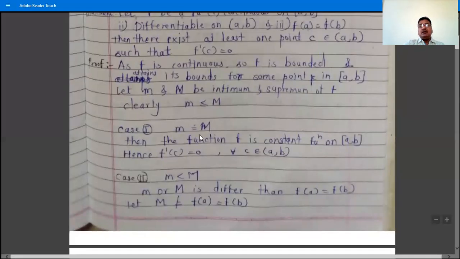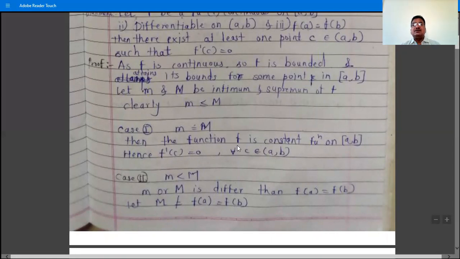If the set contains only one element, then its supremum and infimum are the same. So small m is equal to capital M, and therefore the set of images under the function f has only one element.